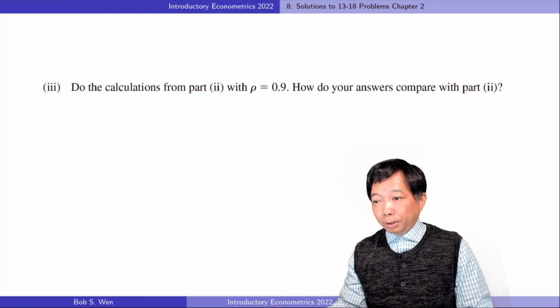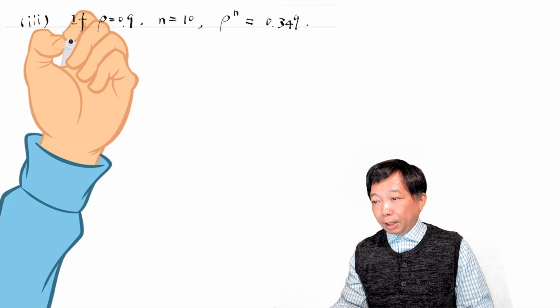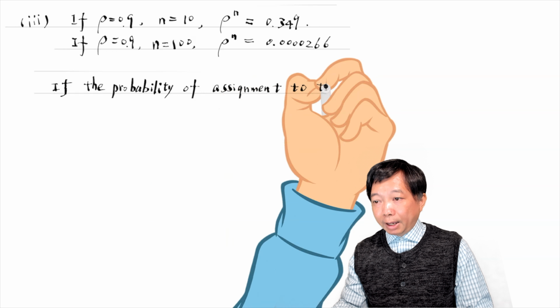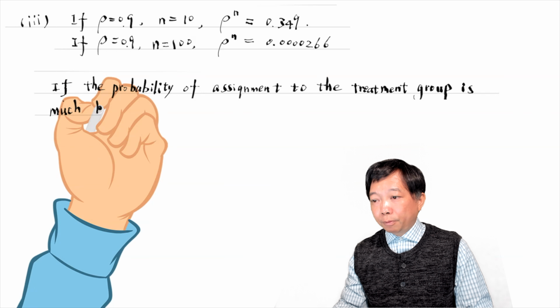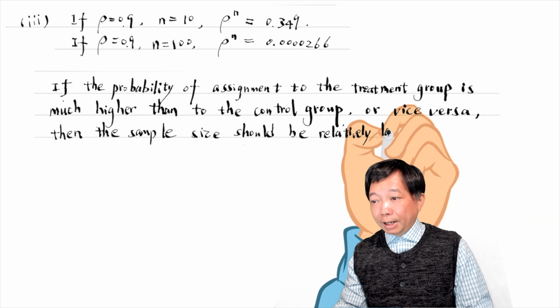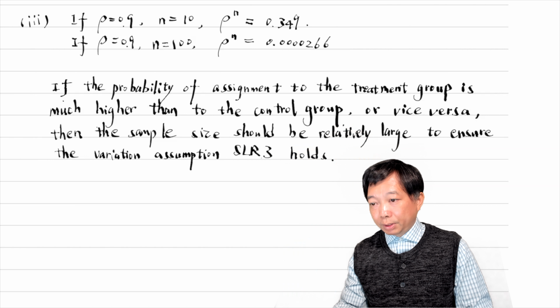The last question is to do the calculations with ρ equal to 0.9. How do your answers compare with part 2? If ρ is 0.9 and n is 10, ρ to the power n is 0.349. If ρ is 0.9 and n is 100, ρ to the power n is 0.0000266.